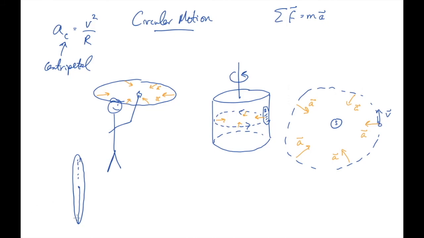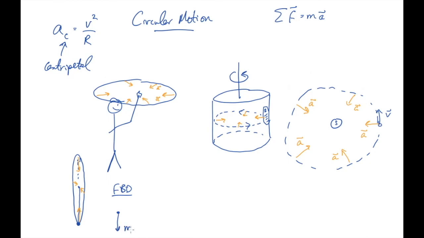Now in this case, the acceleration is still always directed toward the center, but there's more than one force giving us that centripetal acceleration. At the very bottom of its motion, if we drew a free body diagram there, let's just draw one, we would ask ourselves, what forces are acting on this rock at this point right here? There are two.